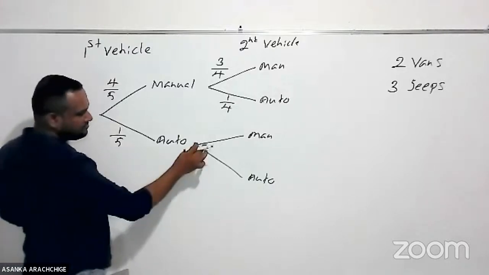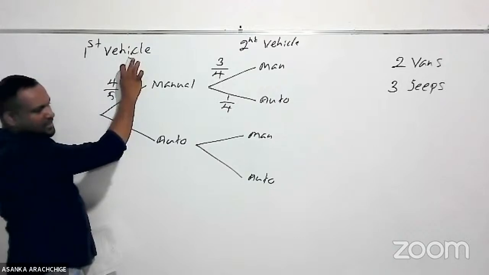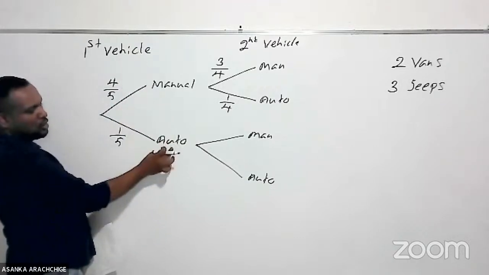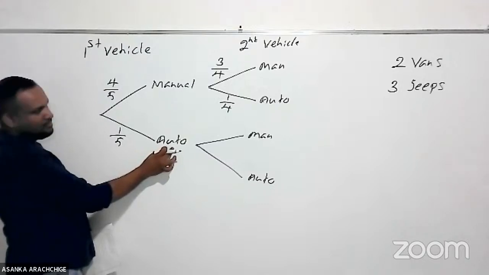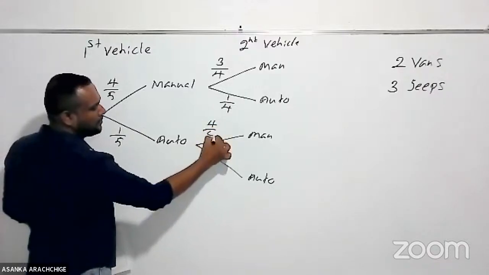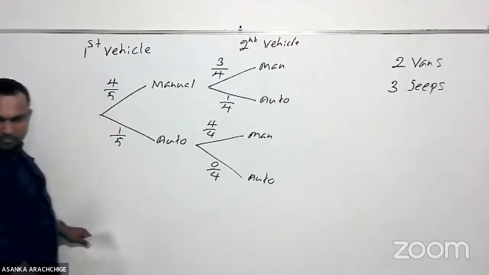Understood? Now if the first vehicle which has left the park has been auto, then here is an auto gone. Therefore, all the 4 manuals are there: 4/4, but there are no autos: 0/4.